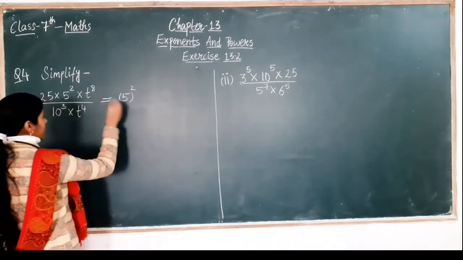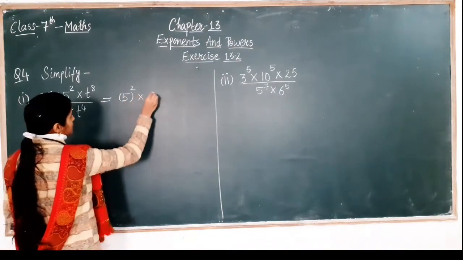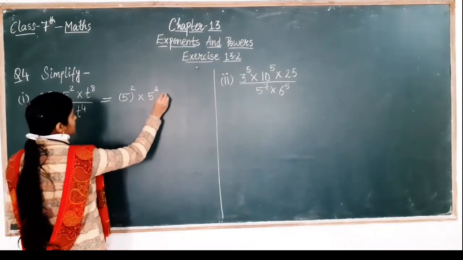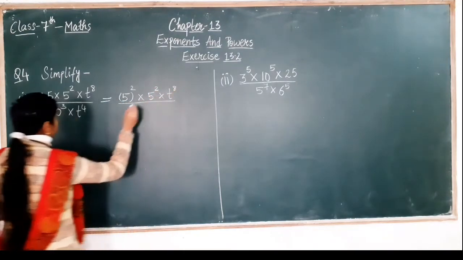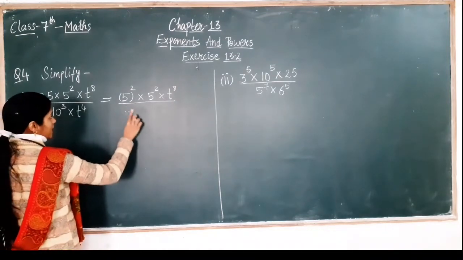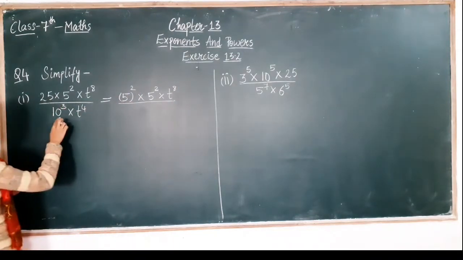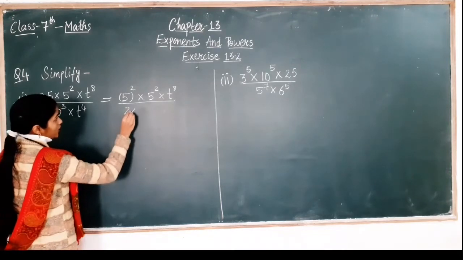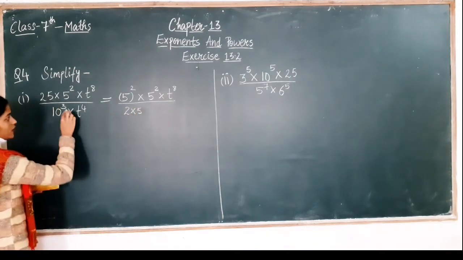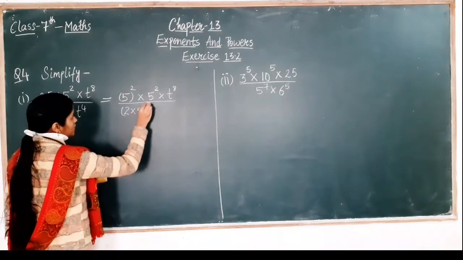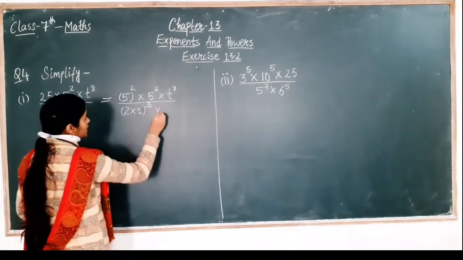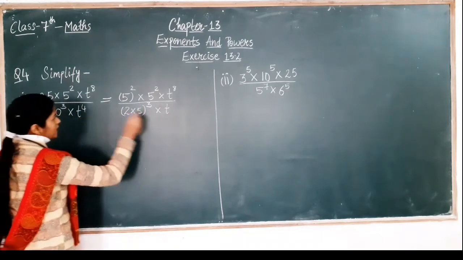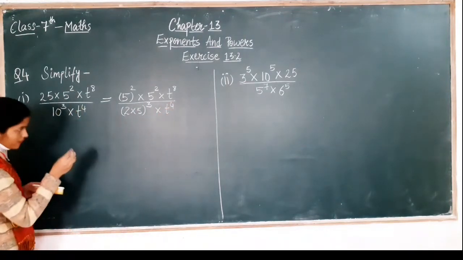If we write 25 as 5 square, then it is 5 square multiplied by t to the power 8. Then how can we write 10? 10 can be written as 2 into 5, and 10 to the power 3 can be written as 2 into 5 whole to the power 3 multiplied by t raised to the power 4.